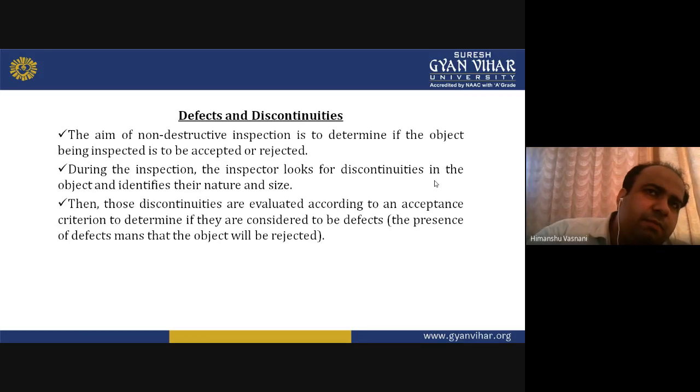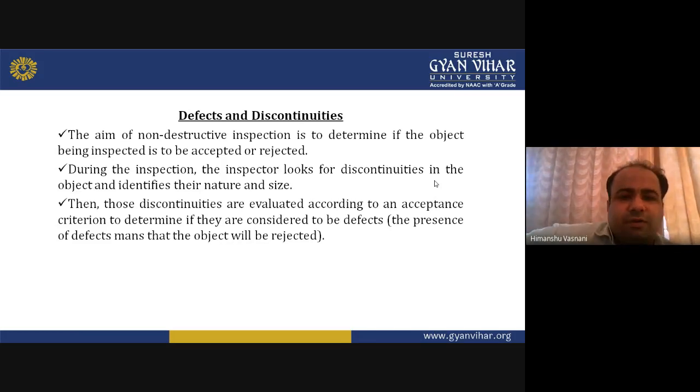Right now we are more concerned with the various defects, because unless we are able to find out what kind of defect it is, how will we be able to suggest a solution?